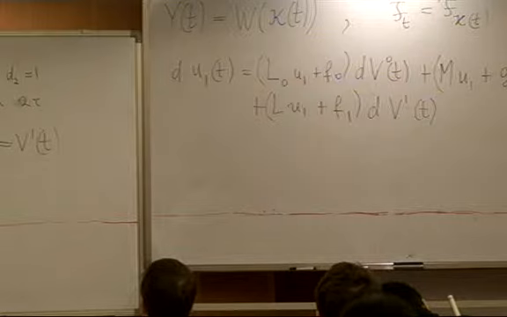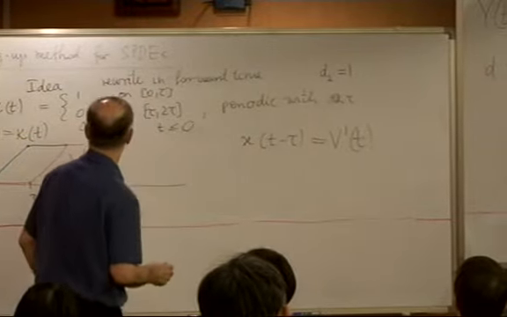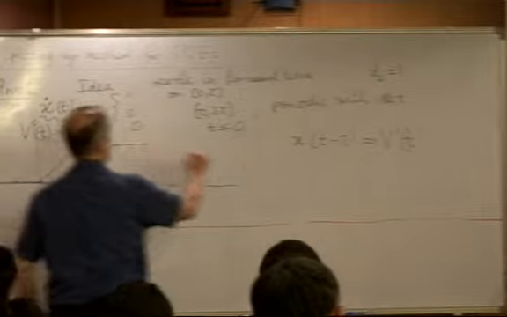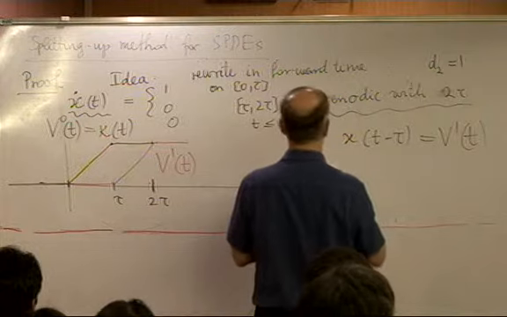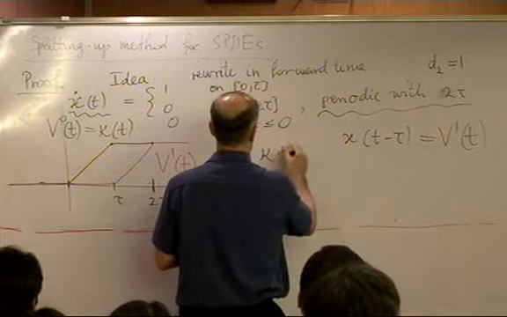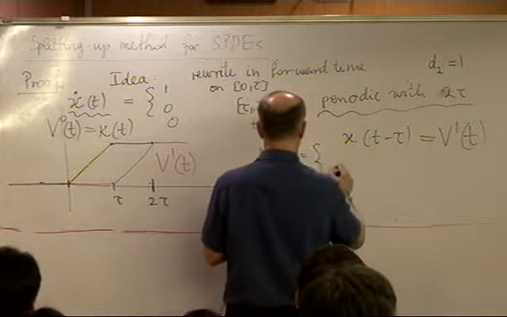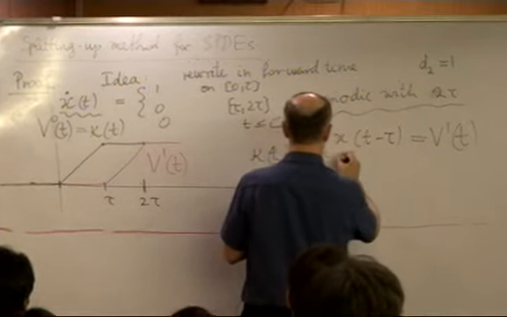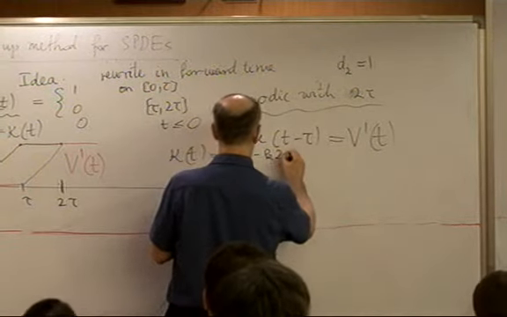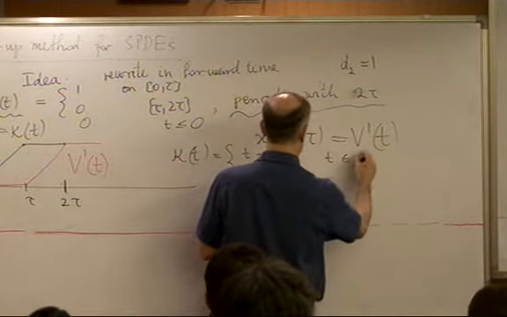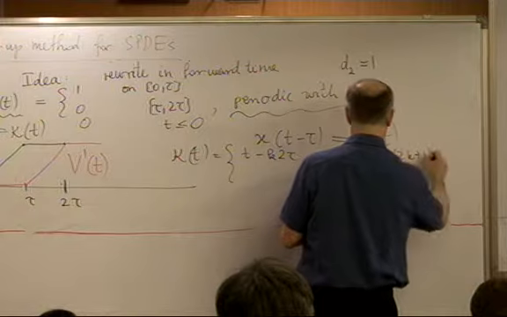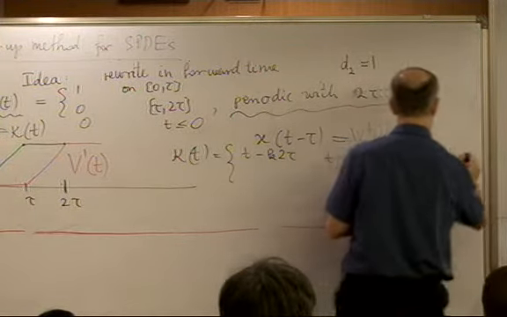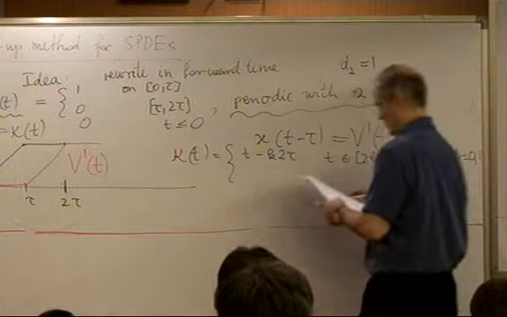So maybe I write it with the formula as well. The kappa prime is periodic, I haven't written that. Yes, sorry. Periodic with period 2 tau. Maybe I just write down the kappa t itself, just to have this one formula. If we see this definition, it will be k times 2 tau if t is in the interval 2k tau, 2k plus 1 tau, for k equal 0, 1 and so on.